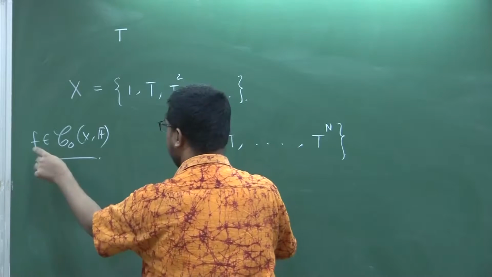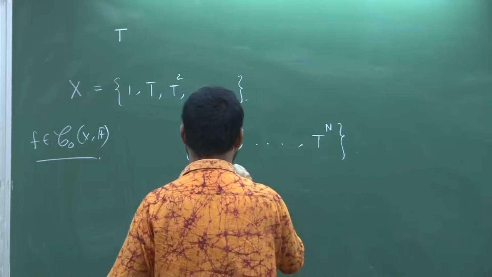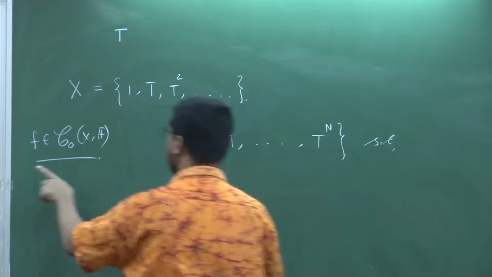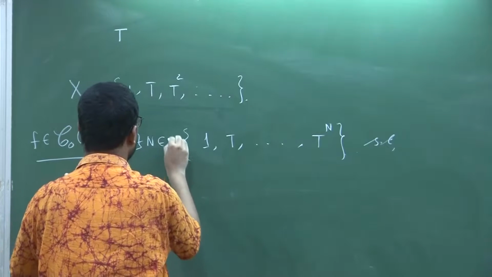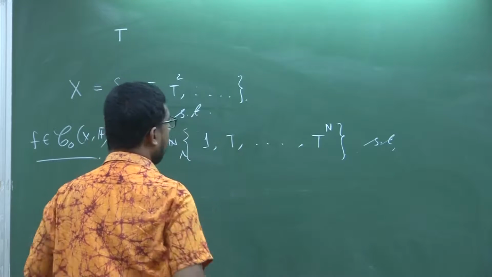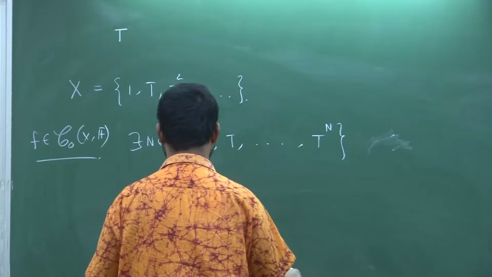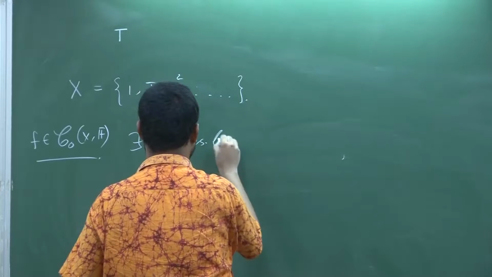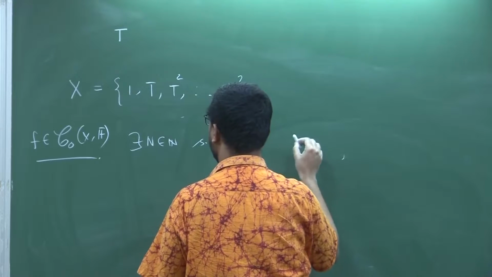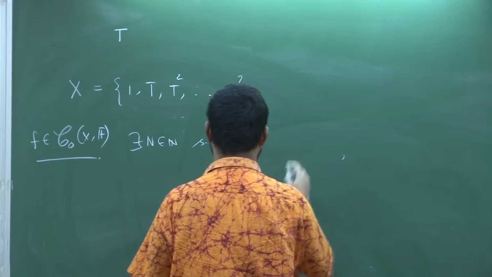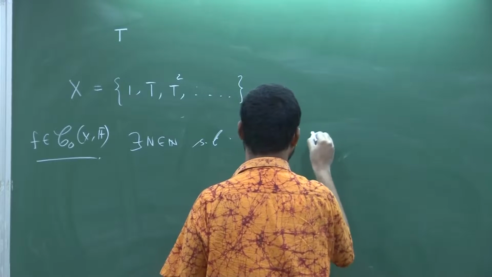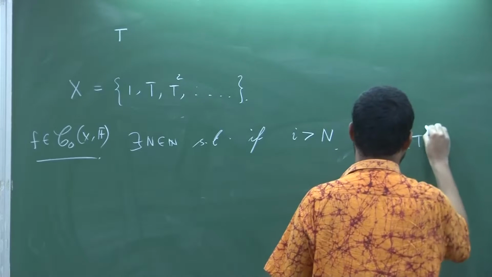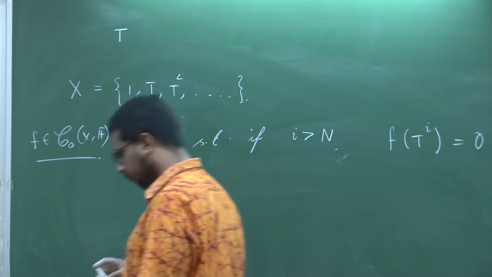I can assume that for any given f there exists an n such that if i is bigger than n, then f of t to the power i is 0.